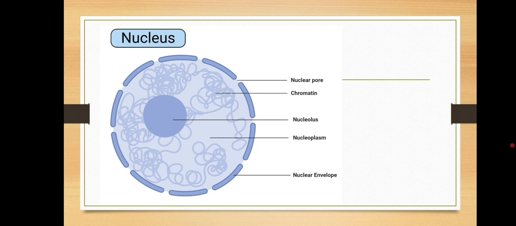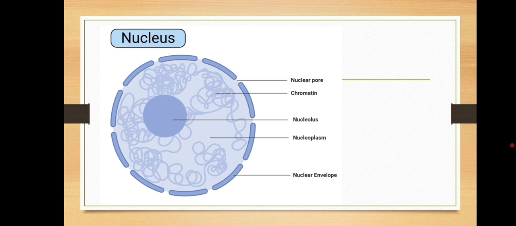A question arises here: why doesn't our DNA exist alone? Why does it exist with chromatin or a histone protein? The reason is our DNA is extremely long. One human cell has 2 meters of DNA, whereas the nucleus is around 5 to 6 micrometers in diameter.